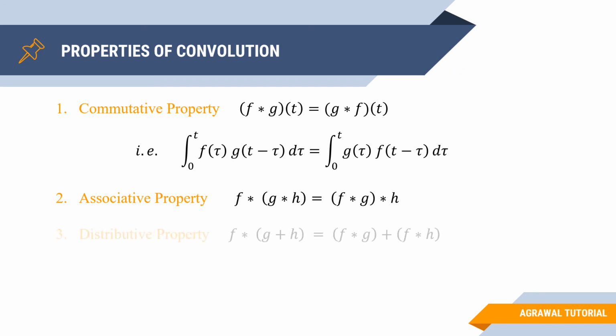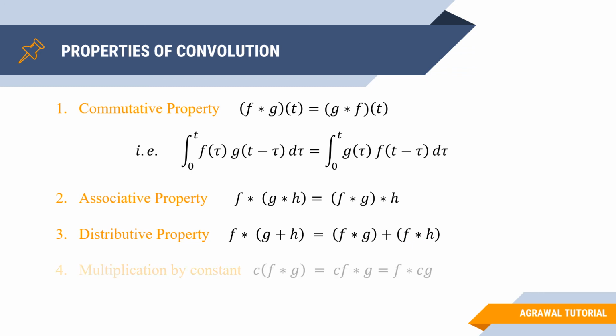Next is distributive property, by which convolution of f with g plus h is equal to convolution of f with g plus convolution of f with h.